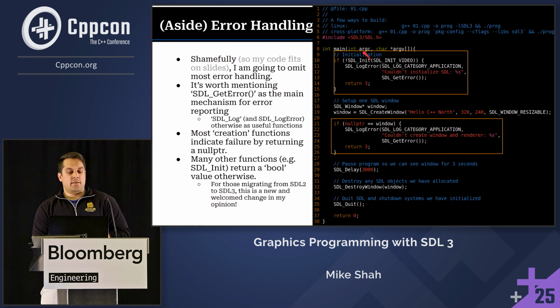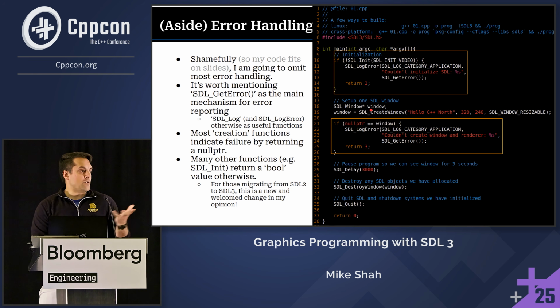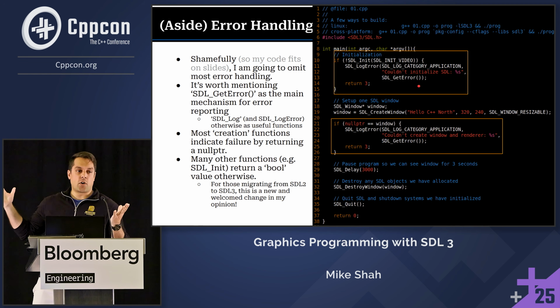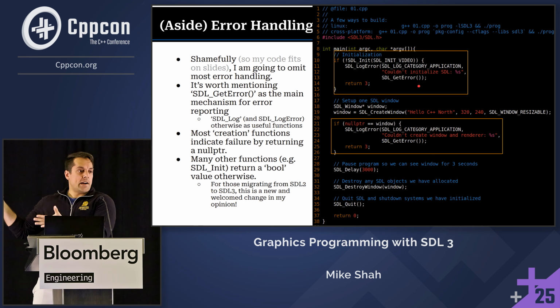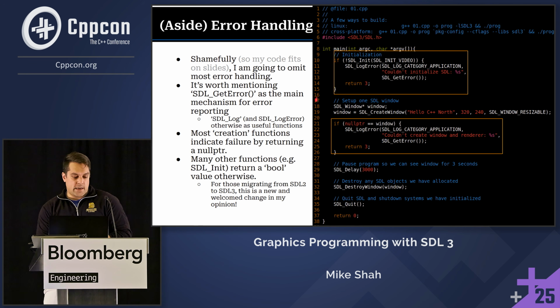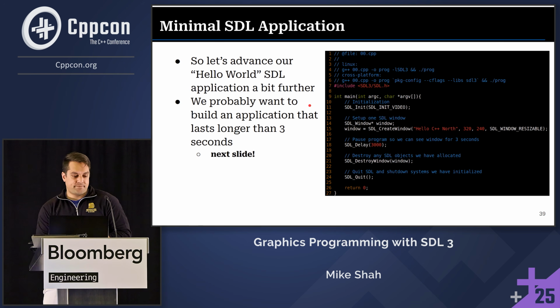So you'll see if SDL init, or if anything, and it'll usually return true or false. You can log your errors or call the SDL get error function, and that'll try to return more information. So there is nice error handling in the C sort of fashion way of dealing with things here. But I'm going to omit that for the slideware.